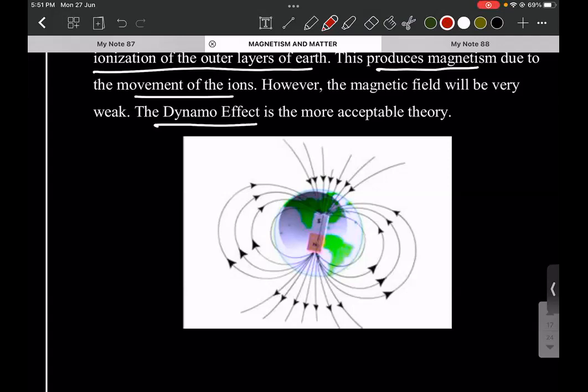The needle points towards the geographic north, but in the presence of external magnetism, it will point in a different direction.